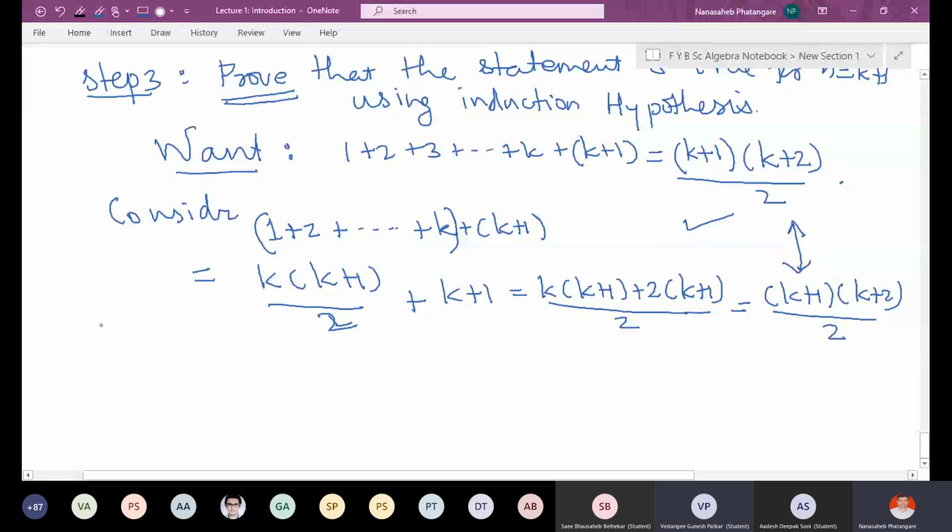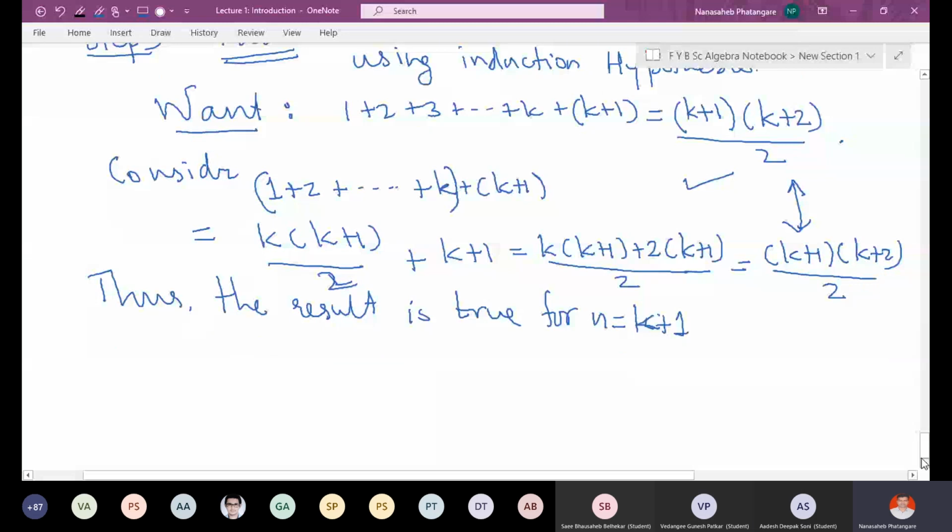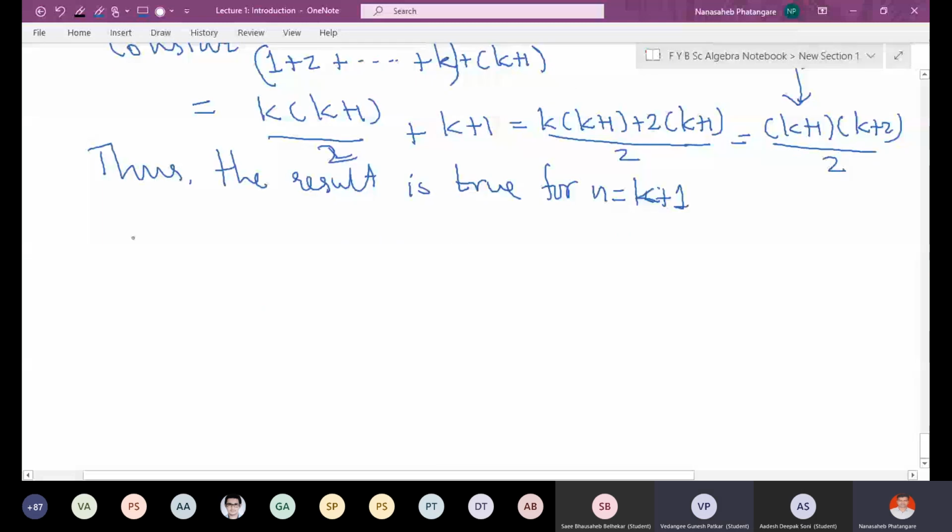Right, and hence the result is true for n is equal to k plus 1, and by induction hypothesis, inductive step or induction principle, what we can declare, hence the statement is true for each natural number, right?